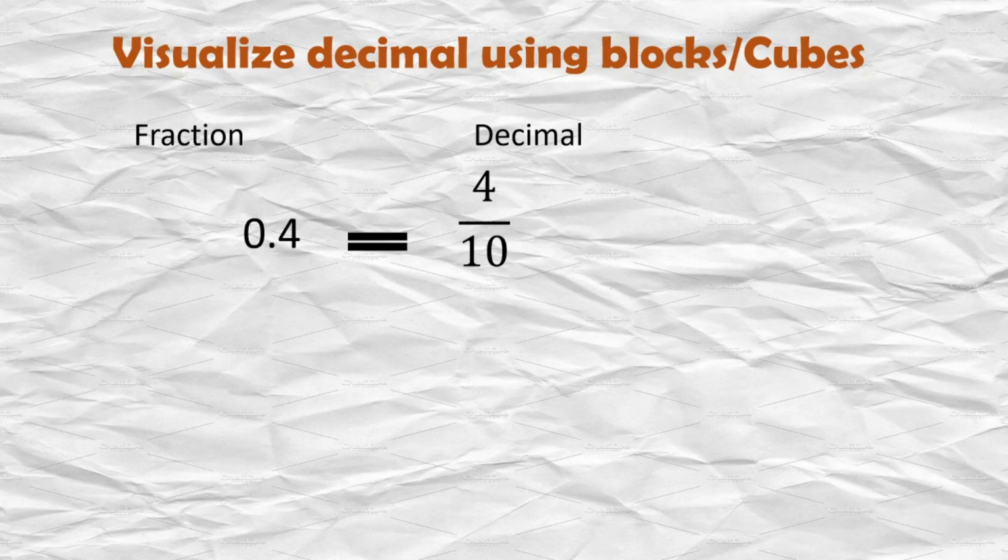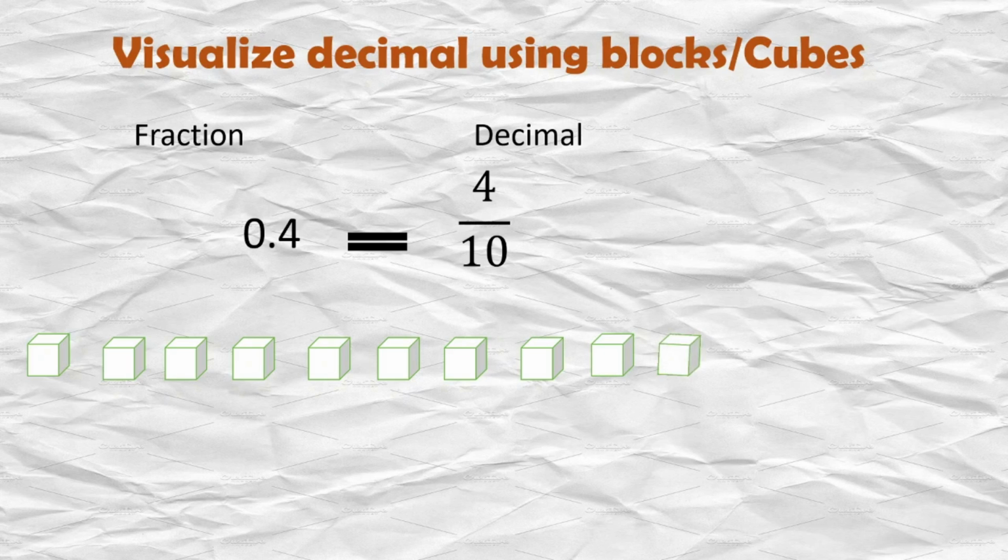Now, how do we make the blocks? Since 10 is our denominator, we are going to draw 10 blocks or cubes. 1, 2, 3, 4, 5, 6, 7, 8, 9, 10. Very simple. After drawing 10 cubes, look at your numerator, which is 4. So let us shade or color 4 cubes. 1, 2, 3, 4. That is how we visualize a decimal using blocks and cubes.